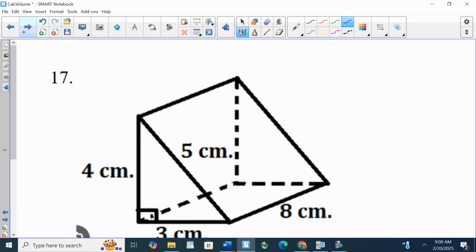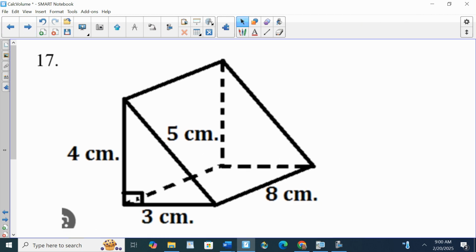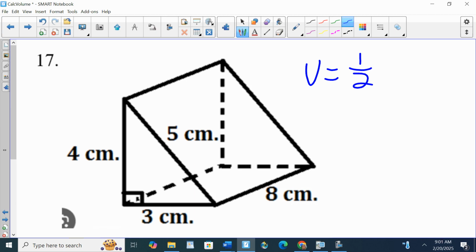Let's take a look at number 17. We have a triangular prism. Triangular prism is 1/2 length times width times height. So the only little twist here, there's 4 numbers. The length and width, think of it as the length and width of the rectangle. And the height is what's going straight up from the rectangle, which would be that.